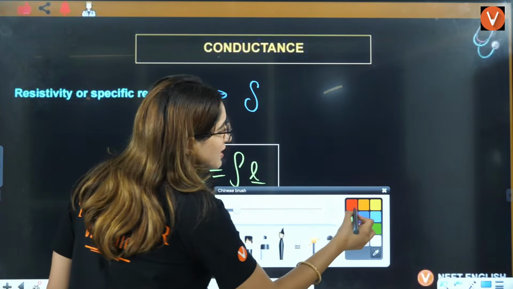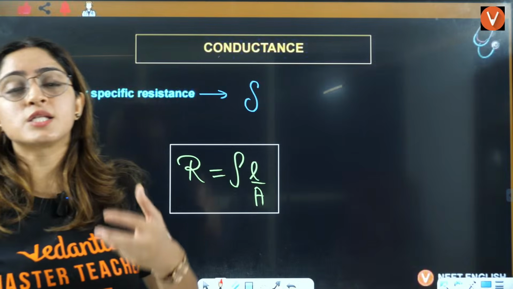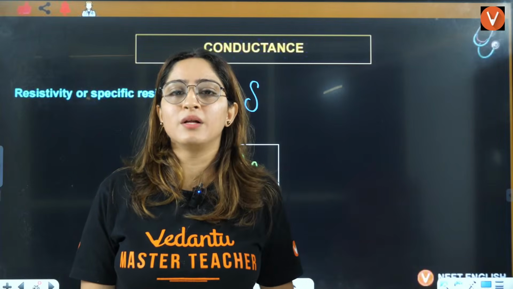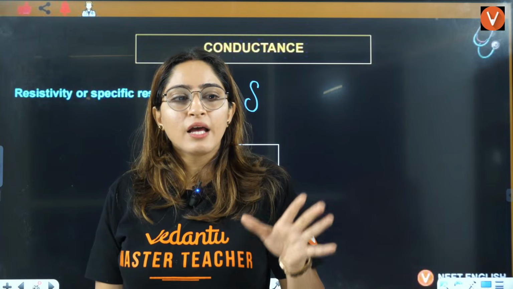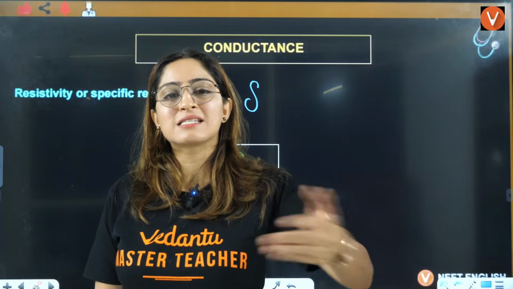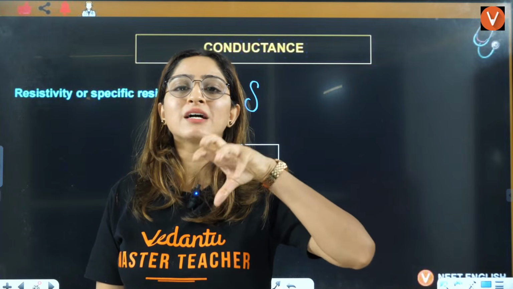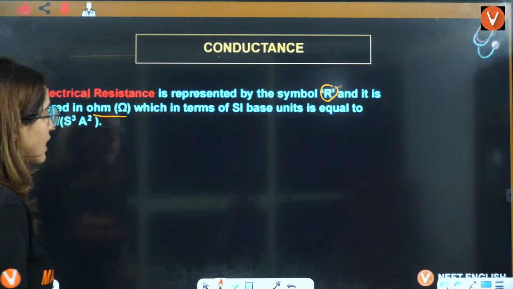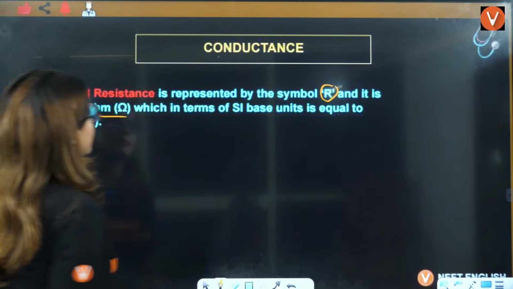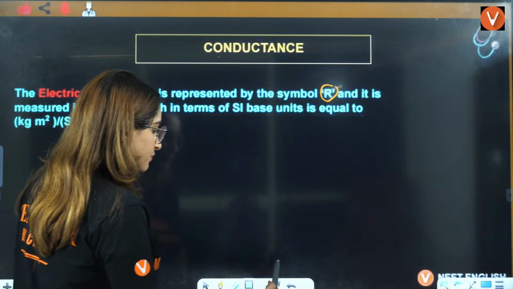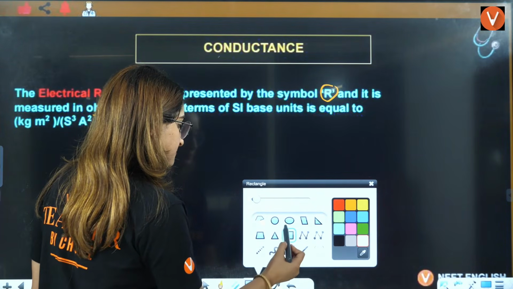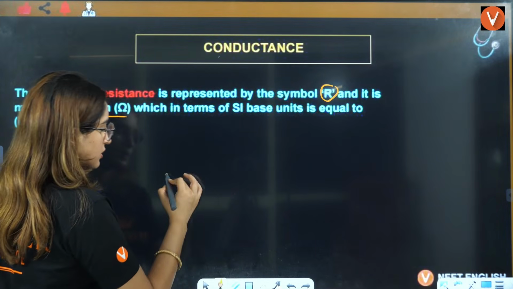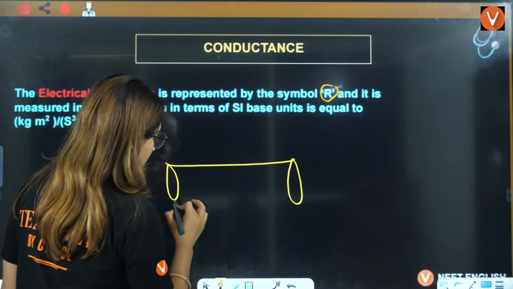But you will say, ma'am, what exactly is the difference? Like in reality, okay, this is the symbol, this is the formula, but what is the difference? Both symbolize how slow the flow of the current is, right? Both are telling the same thing. Now see this. If you talk about resistance, let's say you have a cylinder here.